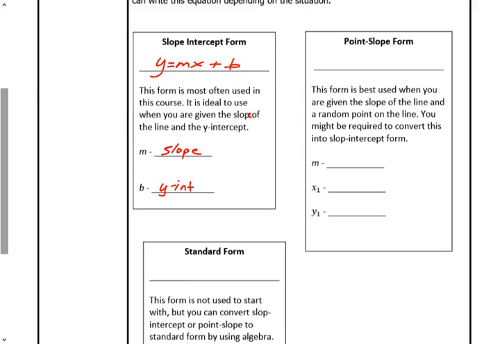So, our next form is a little different. It's called point slope. And what that is, you can see there's quite a few differences. The slope actually remains the same. M is still slope. But the other point is actually another point on the line.